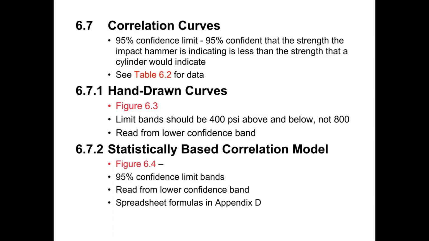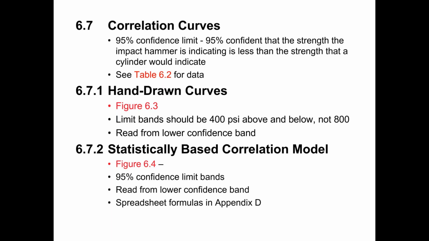As a matter of fact, if you flip over to the back of your book to Appendix D, Appendix D gives you all of the equations that you would need to set up a spreadsheet to do a correlation analysis for you.